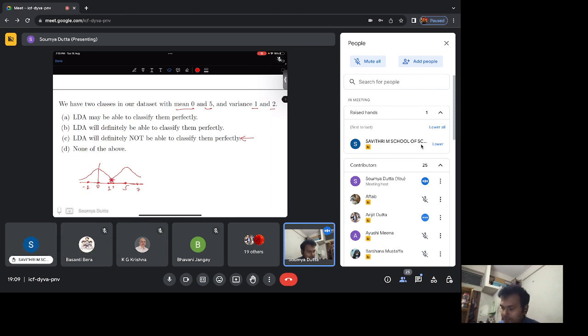If you end up with data points in this region, then LDA won't be able to classify your data. So the answer would be LDA may be able to classify them perfectly. It depends on the data points that you are getting from these two distributions, from these two classes. You cannot say just by looking at these two data distributions that LDA will definitely be able to or will not be able to. Both of them are incorrect.